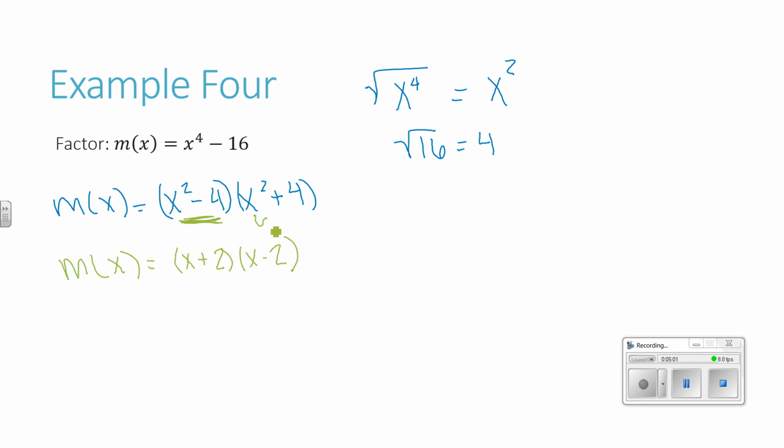And in here, this isn't a difference of perfect squares because there's a plus in there, so I can't factor it like that. So all I can do is just write it down below, x squared plus 4. Okay, you're done.